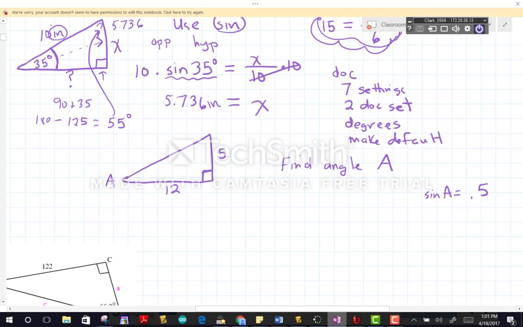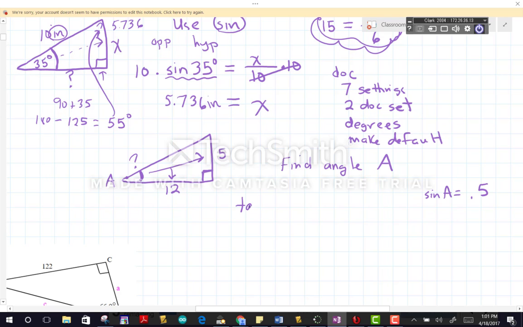All right, so go back to my example. I want to find the measure of angle A in this picture. So which one of my ratios involves angle A and its, what's that called? Its opposite side and its adjacent side. Which is that? Tan.